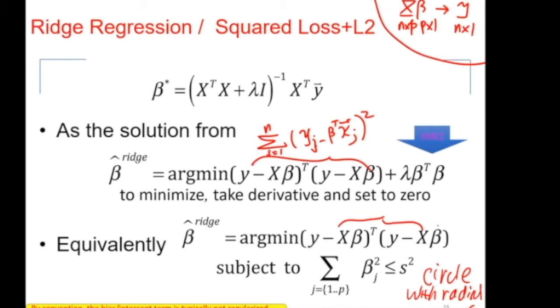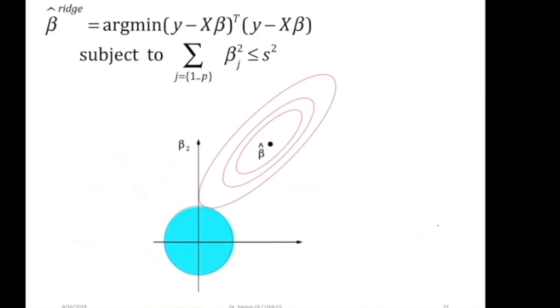So it tells me what the contour map of this is: the summation of every element squared is smaller than S squared. This is exactly a circle centered at the origin, and the size of the circle is S.